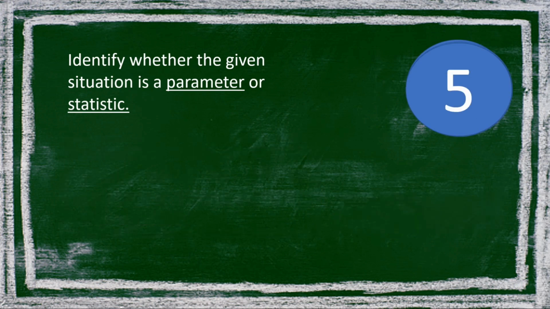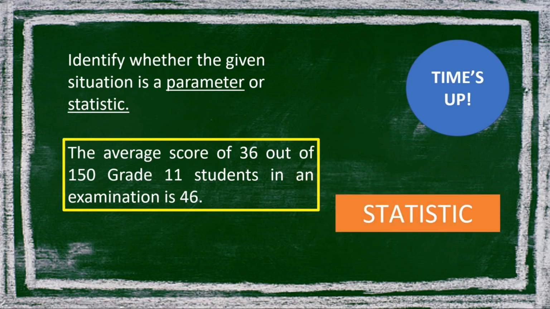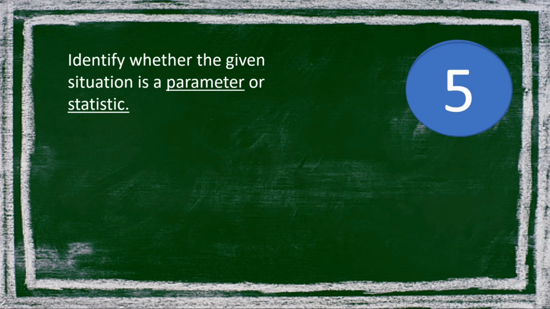Next item. The average score of 36 out of 150 grade 11 students in an examination is 46. Is it a parameter or a statistic? Time's up. The correct answer is a statistic.